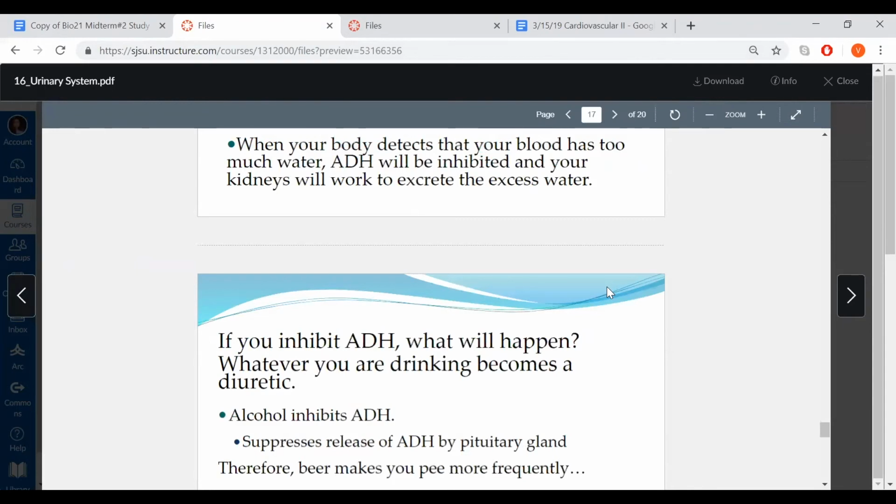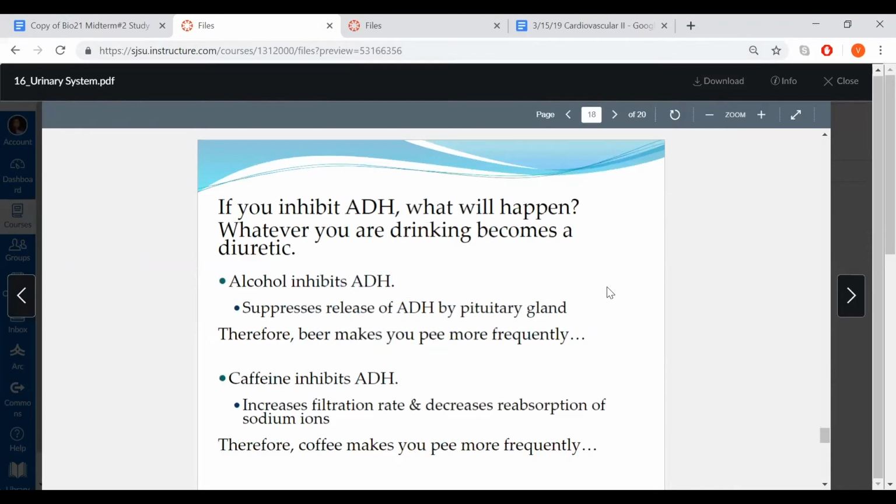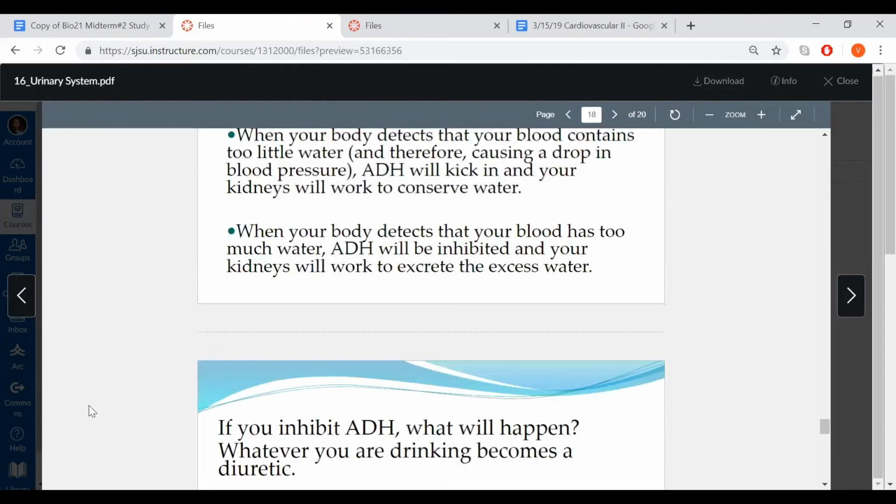And so how this works is that if you drink coffee or alcohol, it basically affects the secretion of the anti-diuretic hormone. It says it suppresses the release of ADH, which means that you won't be able to pee.